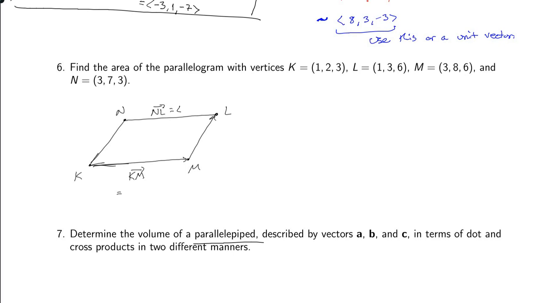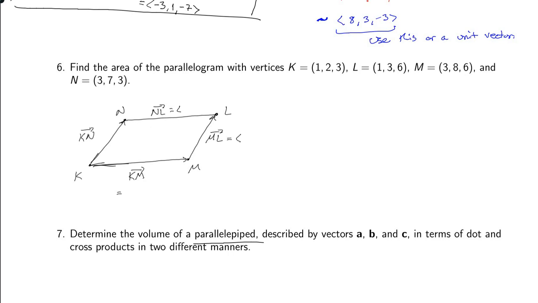Similarly, M to L and K to N should be the same. So let's go ahead and do that check here. And then I believe I've actually done this incorrectly so that we can see that there is a way of doing this poorly. And we'll try and reshuffle these around so that it works out the way that we want it to be. So M to L.